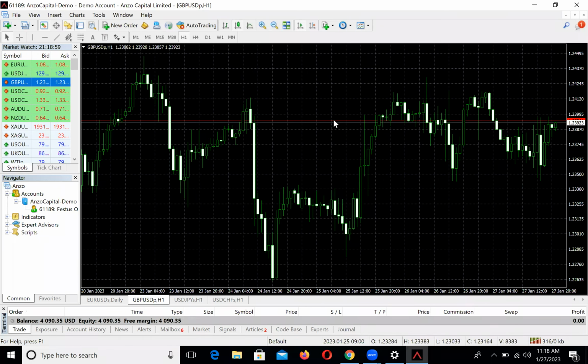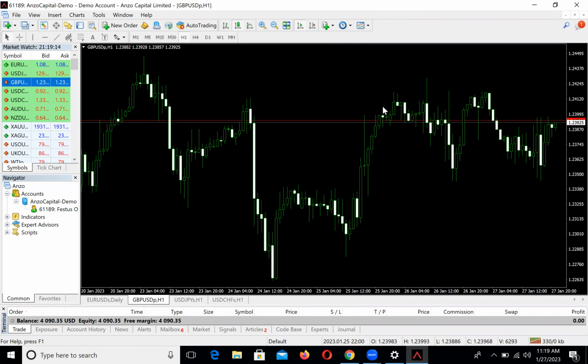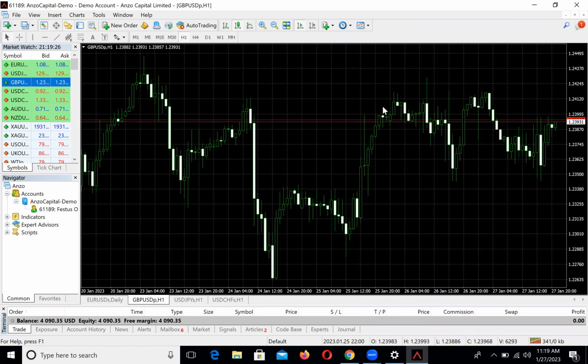All right, so then also when you open your chart, you see this grid, these boxes all over the chart. If you want to clear that, all you have to do is click Control G. Control G, and it will clear off. If you tap Control G again, it will come back up on your screen.